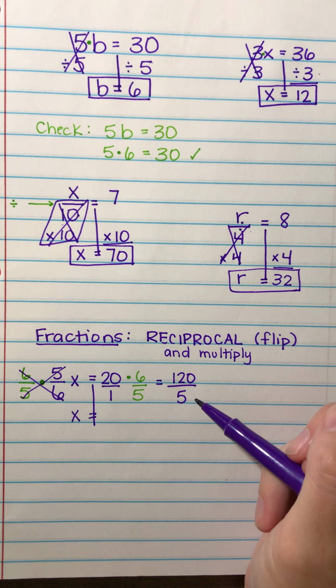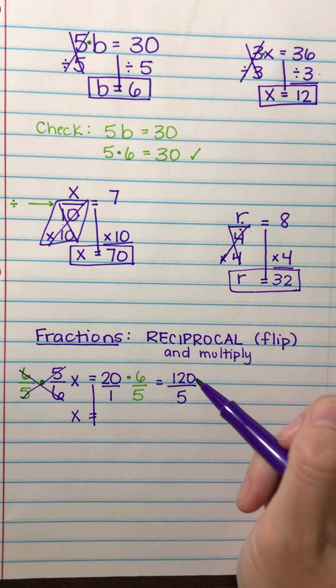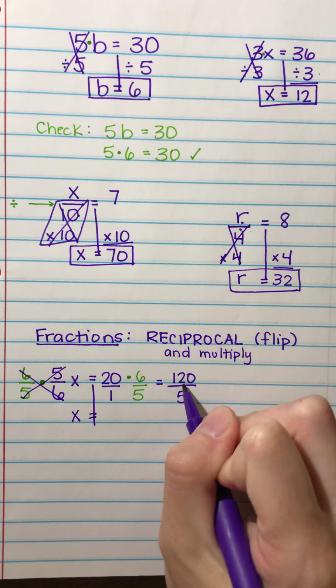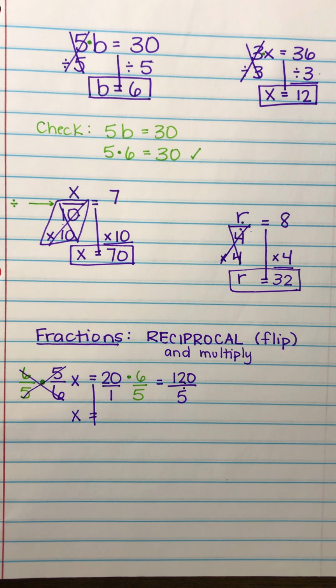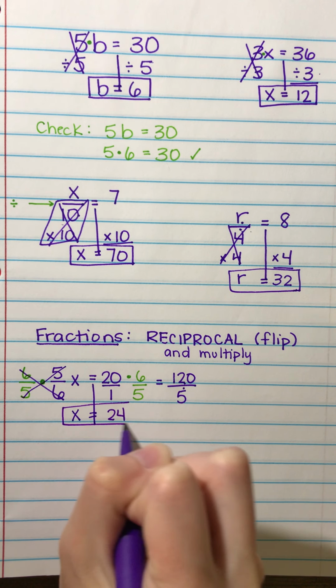Now from our division hints sheet, if it ends in a 0 or a 5, I can divide it by 5. But really, I want you to think about just plugging that into a calculator. 120 divided by 5 is really all you have to do. And if you do that, you should get a big answer of 24.